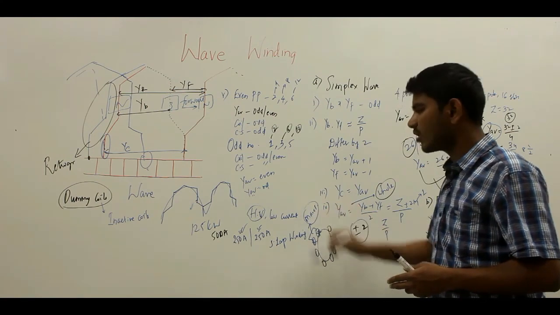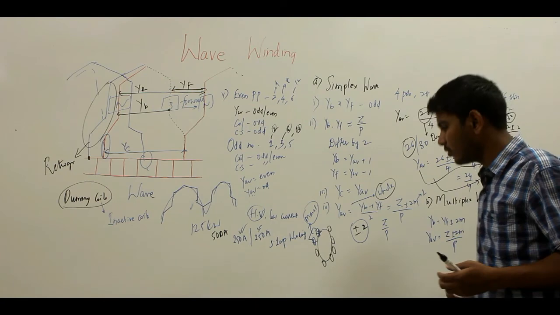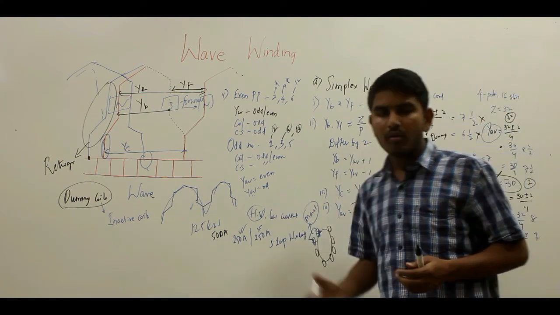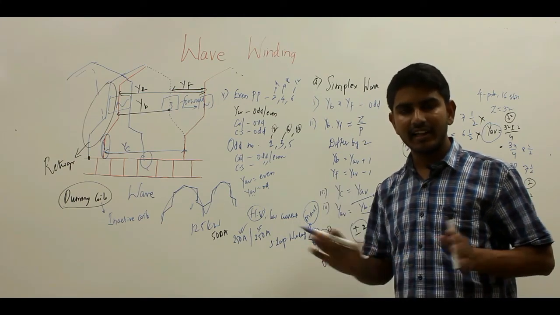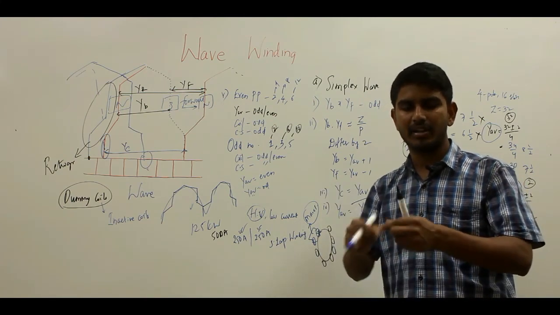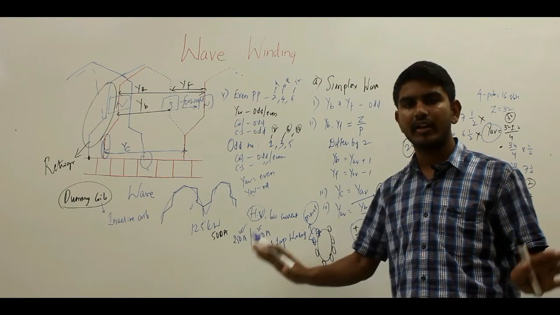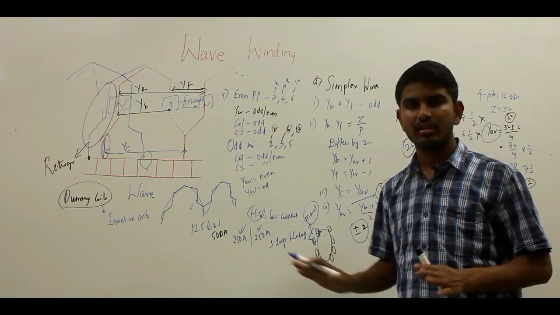So what is the use of dummy coils? You can say, to maintain the balance of the machine, dummy coils are used, and they are inactive coils which are lacking any electrical connection, and they are just taped. So they are insulated from the electrical connection and they are kept inactive, and the purpose of the dummy coils is to give balance to the machine.